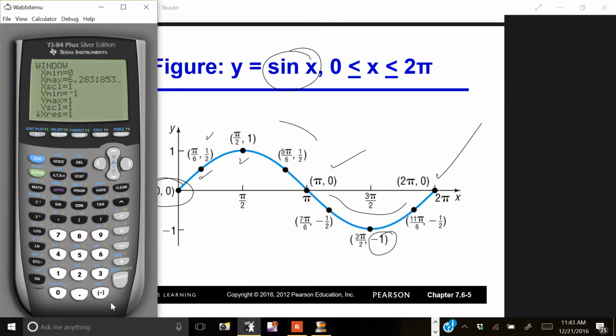Let's go maybe 3 periods, which would be minus 6 pi on the negative x-axis, and then go to 6 pi on the positive, and we'll keep the amplitude the same, and then graph it.